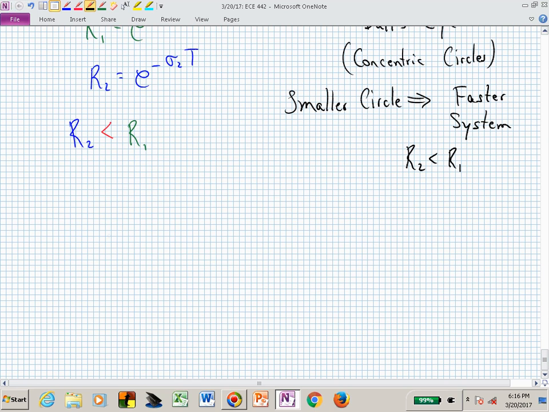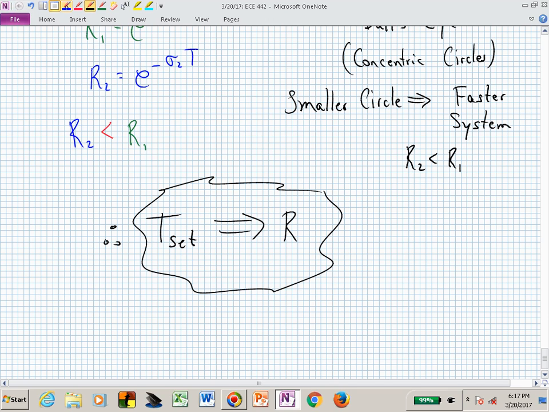So now, when somebody says settling time in the z-plane, in a discrete-time setting, I want you to be thinking r, radius, or in terms of geometric shape, you now have a circle.